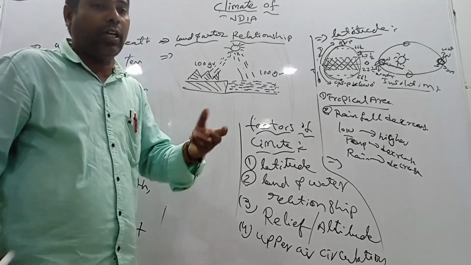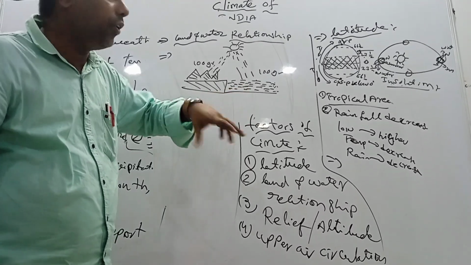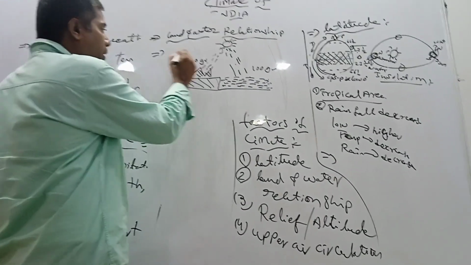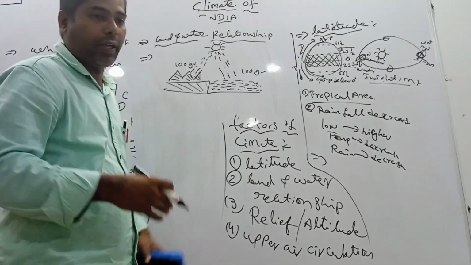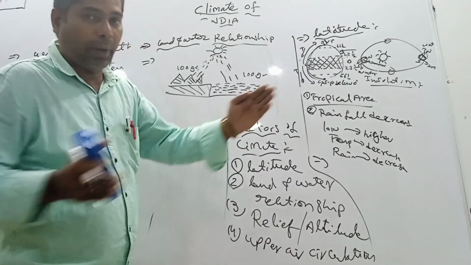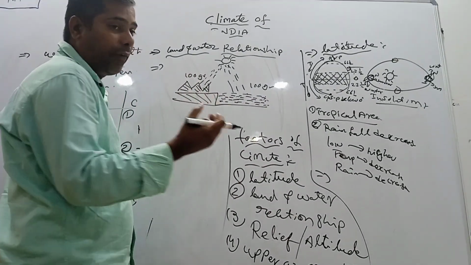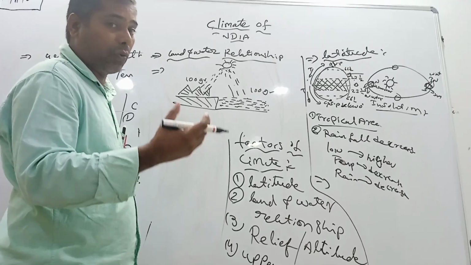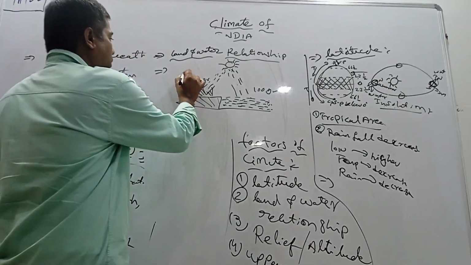With that energy, the air molecules move freely. So the hot air loses its weight, because the air expands when it receives heat. The air expands, velocity increases. When this air loses its weight, that air goes up.